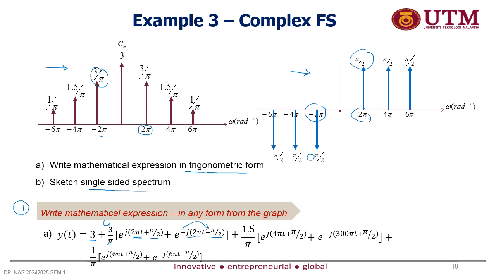Move on to omega equal to 4 pi. Now the magnitude is 1.5 over pi, for positive frequency 4 pi, and negative frequency, it's supposed to be 4 pi here. Same magnitude for the second one.